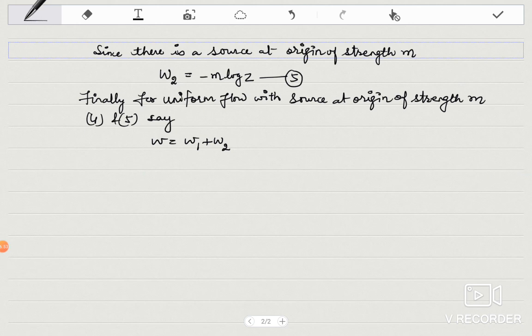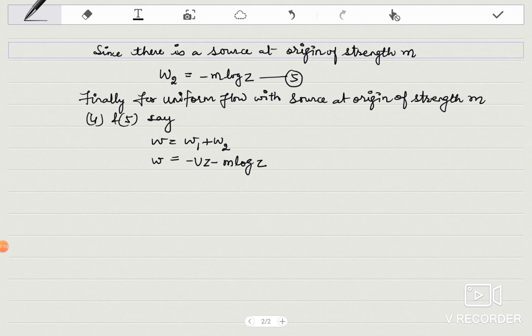Just add them, and you will get the complex potential for the combined situation. Likewise we have done here. It is minus Uz minus m log z. This is w.